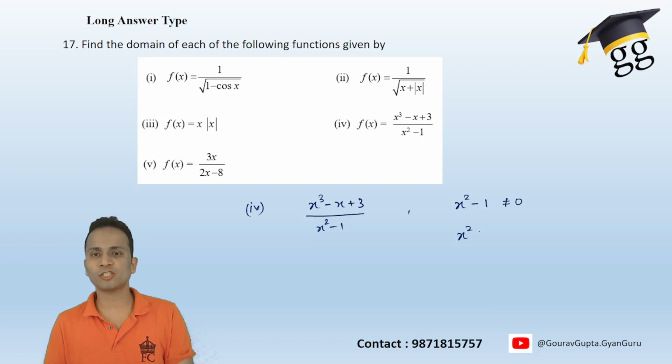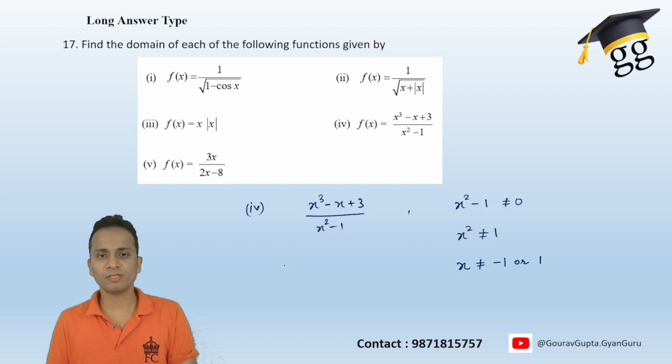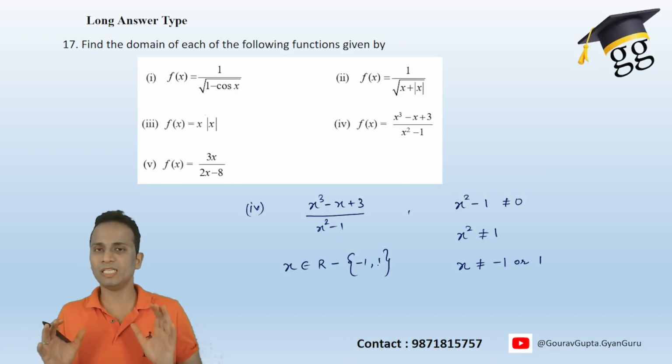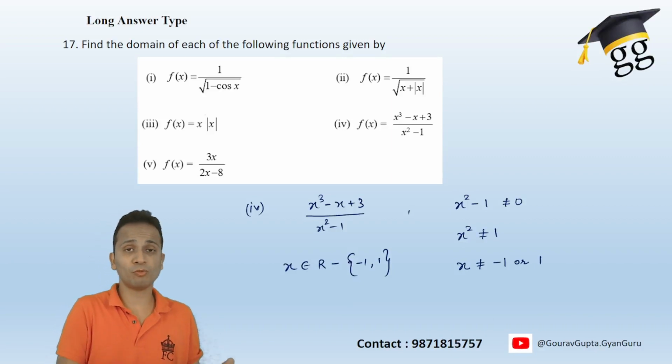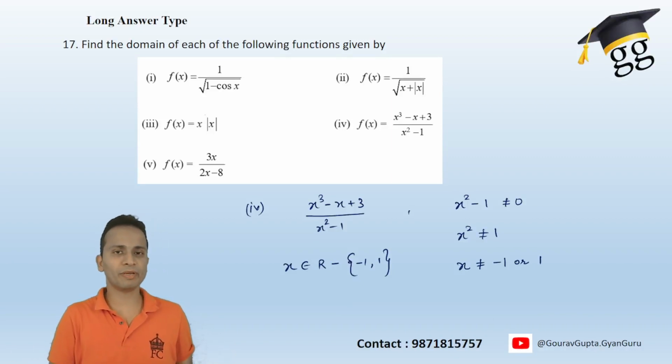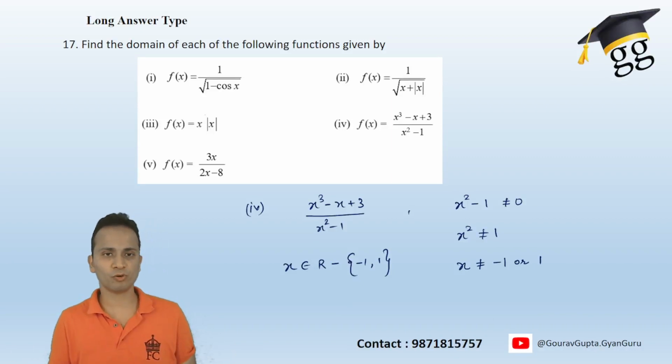So x square should not be equal to 1, and hence x should not be equal to minus 1 or plus 1. So this function will be defined for all real numbers except two numbers, minus 1 and 1. These two elements will be removed from all the real numbers, and that will become the domain of part number 4.